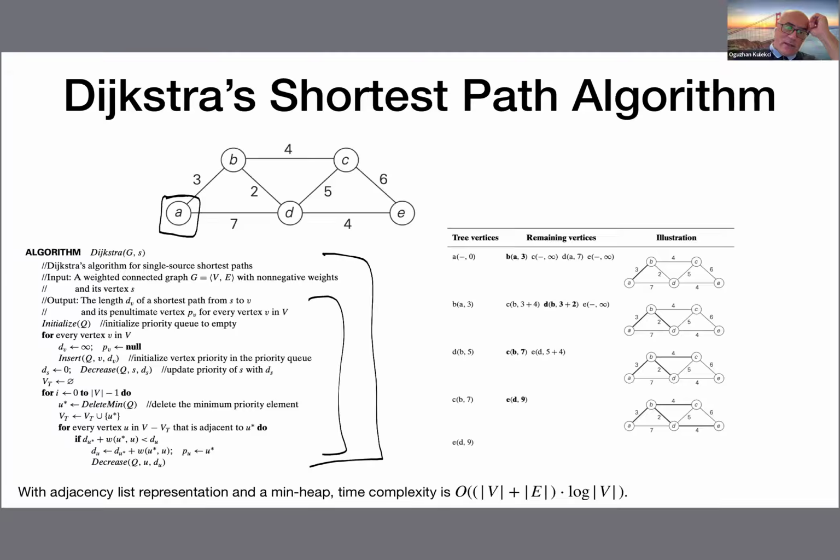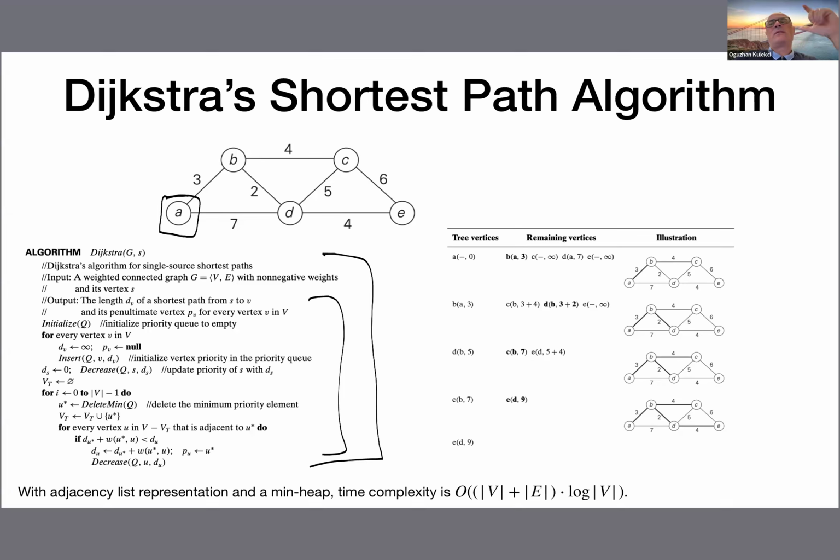You initialize a priority queue, right? The initial one has the priority of 0 and all the others have the priority of plus infinity. You pick the smallest one. Once you get the smallest one, you perform the edge relaxation and update the priorities of the other nodes. You again go and pick the minimum one and update the priorities.